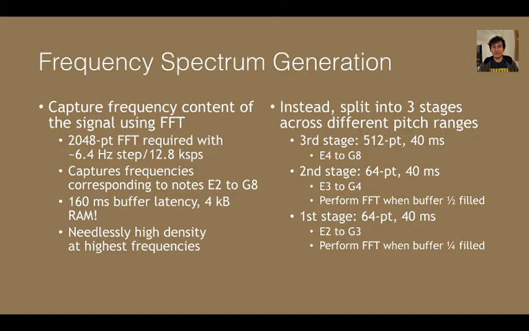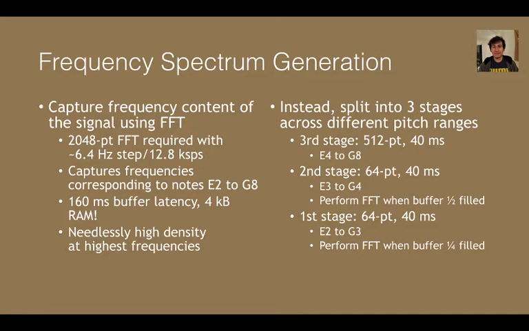This would capture the frequencies corresponding to notes E2 to G8. However, this was not feasible because it would require a buffer latency of 160 milliseconds and at least 4 kilobytes of RAM for the FFT.